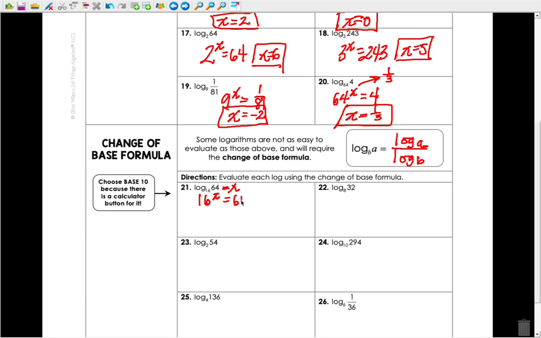There is not a whole number that we know of that will give us this. So when this happens, all you have to do is simply use your log button in your calculator.